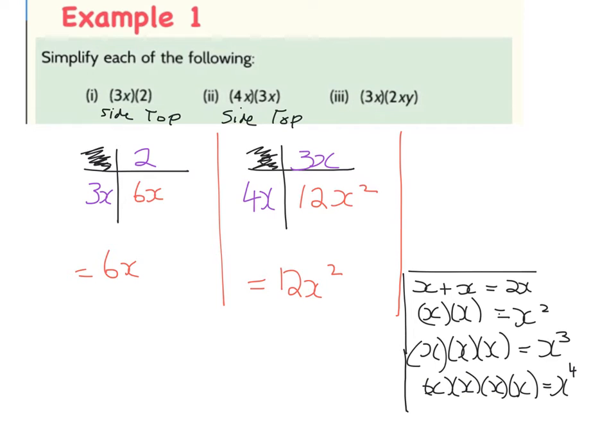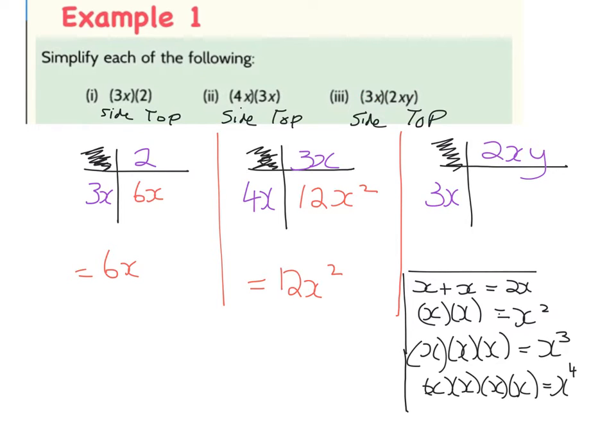My third example here is 3x multiplied by 2xy. So again, I'm going to lay out my grid in the same way. I'm going to write side and top. Along the side, I'm going to write 3x. And along the top, I'm going to write 2xy. And I'm multiplying across diagonally.